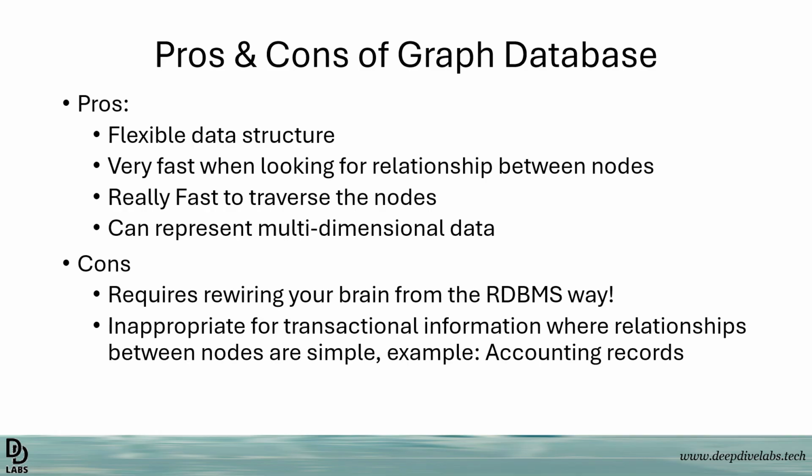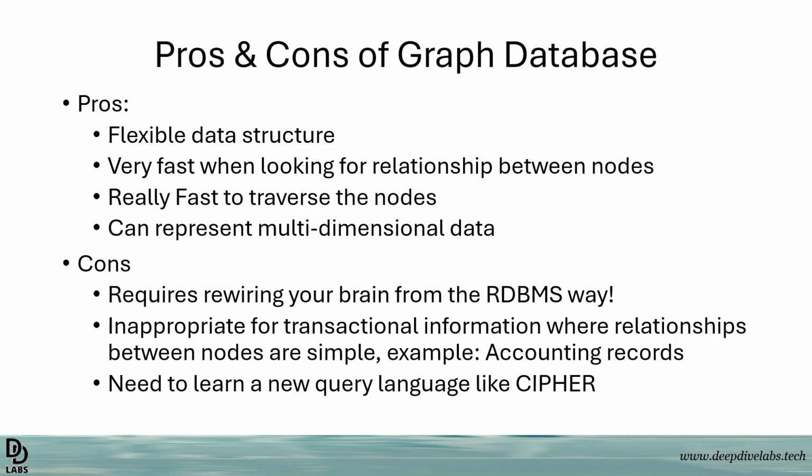It is inappropriate for transactional information where relationships between the nodes are simple, for example accounting information. You don't have to have a graph database for transactional-level information. So it's very important to understand that if you are interested in understanding relationships, then a graph database is the way to go. Of course, you need to learn a new query language like Cypher. But as you can see, it is very SQL-like.